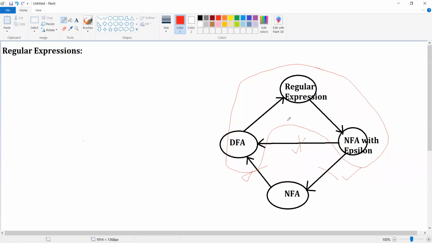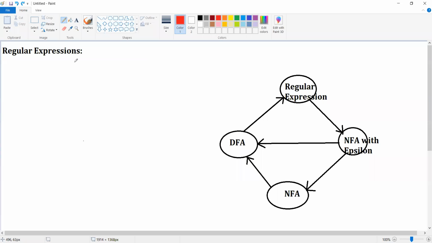If I have a regular expression, I can directly construct the NFA also: I find an NFA with epsilon, and using that I can find the NFA. In the same manner, from NFA epsilon I can find the DFA also. So we are completely dependent on these three topics. What is that? Regular expressions.